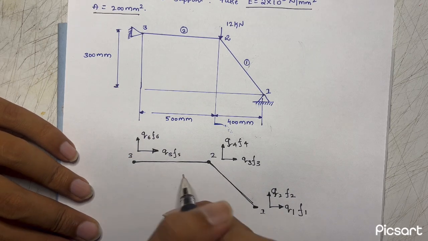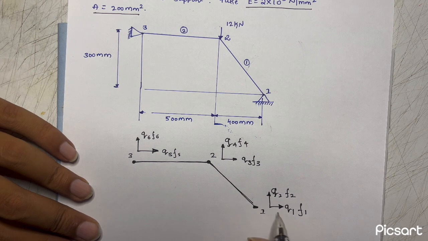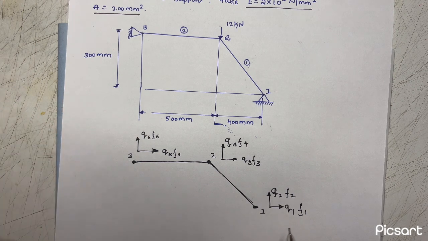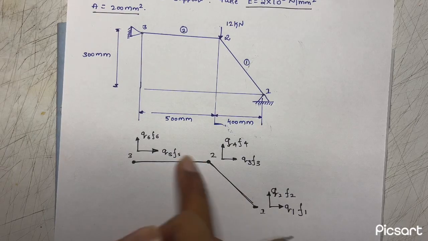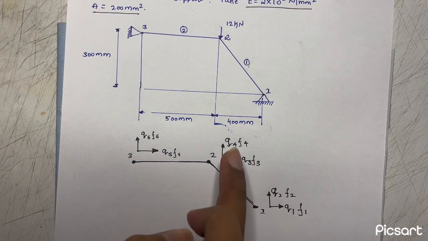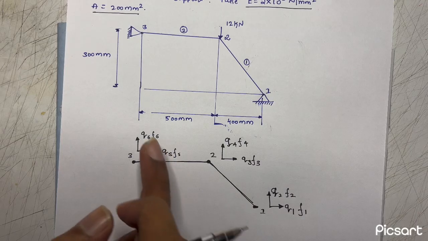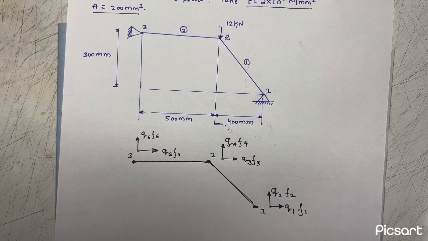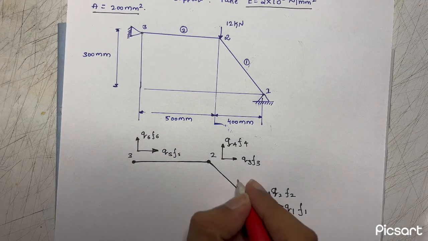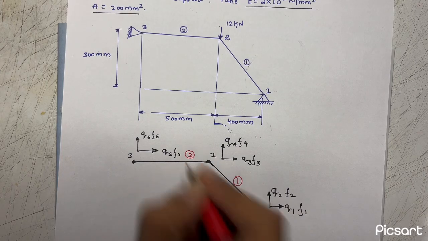At each node you will be having one x direction displacement and one y direction displacement. So we have 3 nodes, Q1, Q2, Q3, Q4, Q5, Q6. This is element 1, this is element 2.